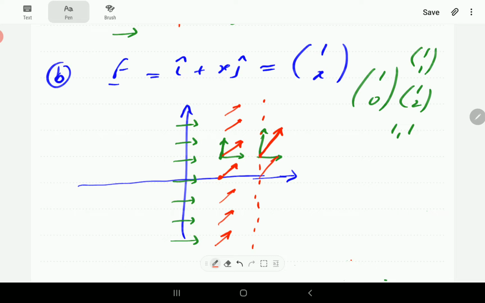That means even there we're going to have the same vector, a bit longer than this one, and a bit more inclination. Okay, and then I think you can see that if we go further to 3, then we're going to find a vector which is even longer and more inclined. So that's going to be how that works.